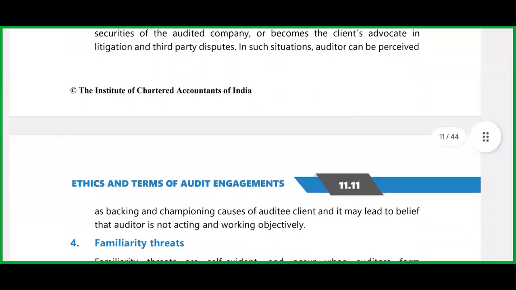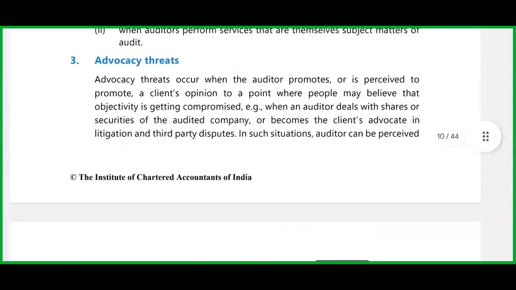In this situation, it can be seen that the auditor is backing and championing causes of auditee client, and this may lead to belief that the auditor is not acting and working objectively. See, if the auditor becomes lawyer of the company or he is fighting litigation or third party disputes, auditor would try its best to cover up the litigation and make the client win in the particular suit or law case. Here again, its independency is challenged and advocacy threat comes into picture.